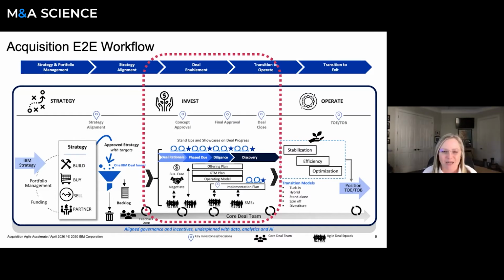Yeah, so we have put a significant focus on the deal rationale and thinking through the deal rationale in a number of different ways.